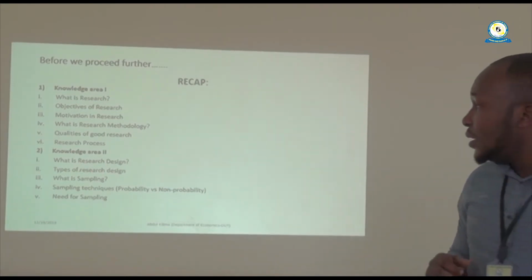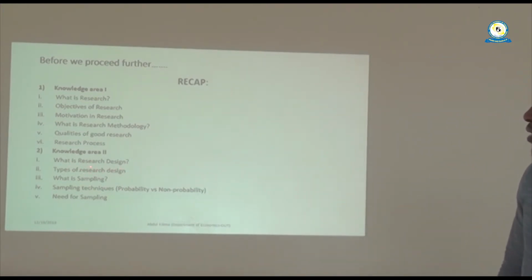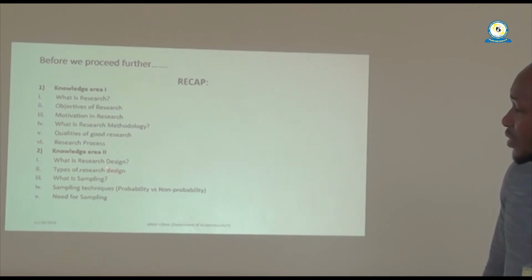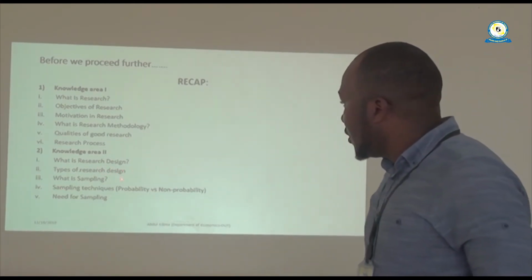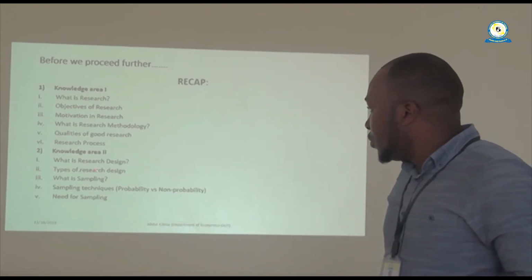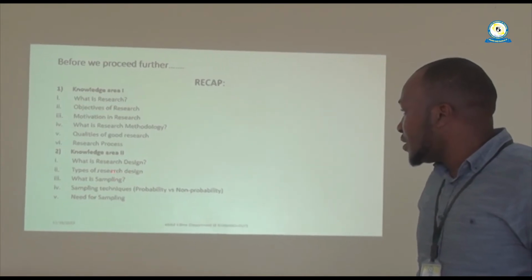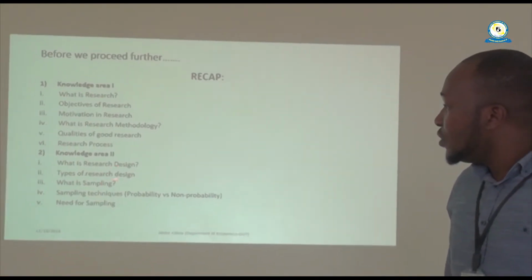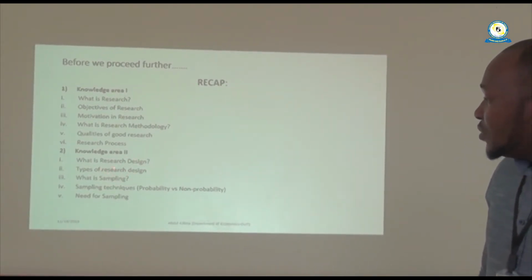Another type is non-experimental research design. This research design is not exactly an experiment. It is done through cross-sectional research design or time series, collecting data from individuals over time, or analysis of data over time.